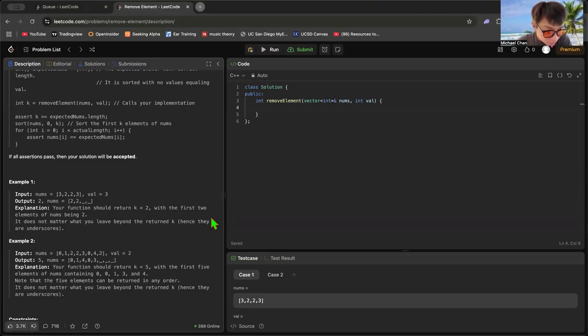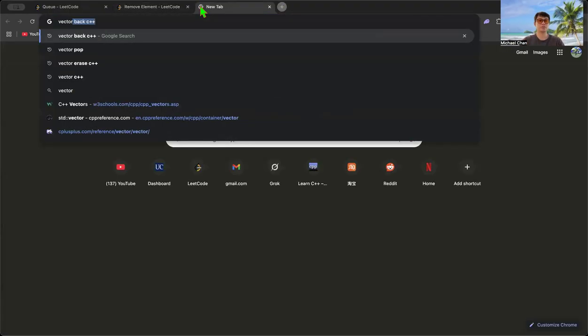So, I just traverse it in reverse, right? Because vectors support negative indexing.